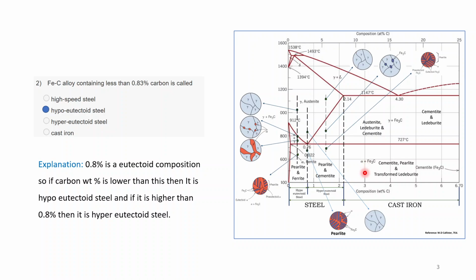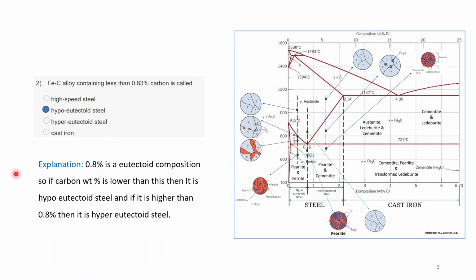When the eutectic reaction starts, your material is known as cast iron. Below 4.3% carbon, your material will be hypoeutectic cast iron, and above that, hypereutectic cast iron. In case of steel, you have the division at 0.76 or 0.83%. So this will be hypoeutectoid steel.